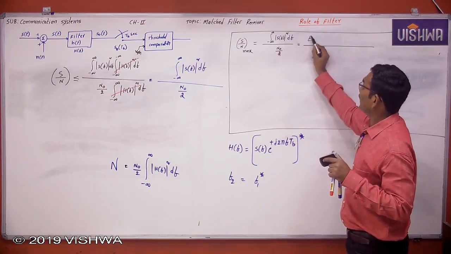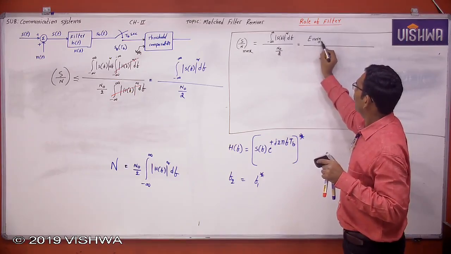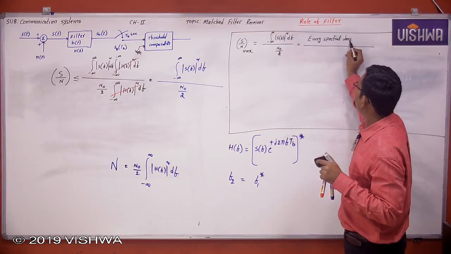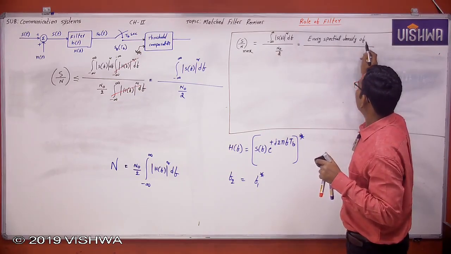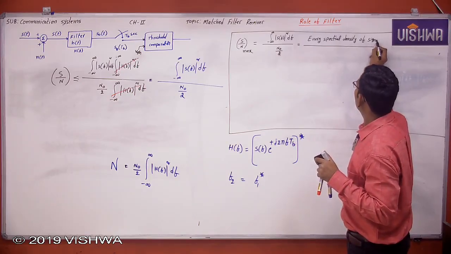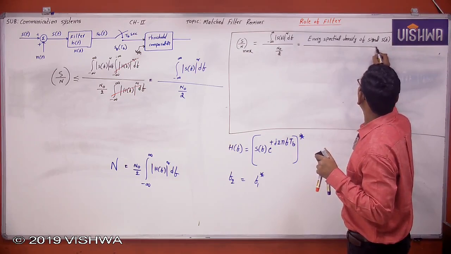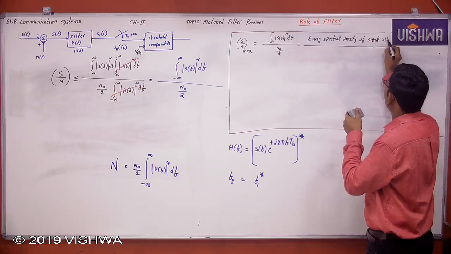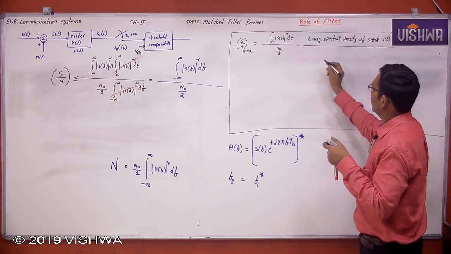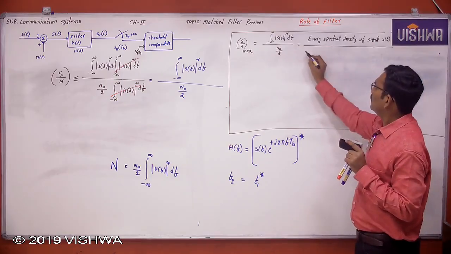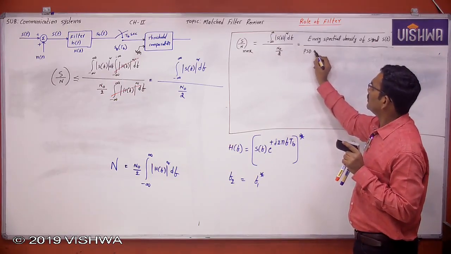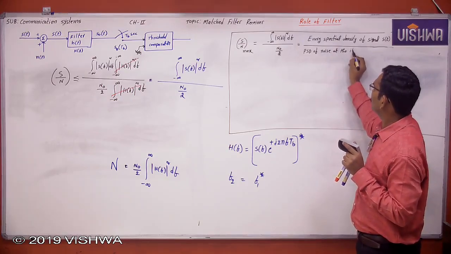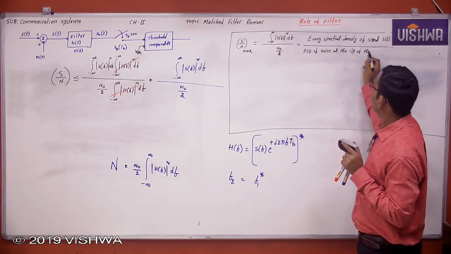Therefore, energy spectral density of the signal S(f), divided by N0/2, the power spectral density of noise at the input of the filter.